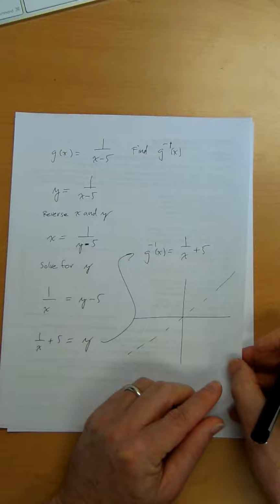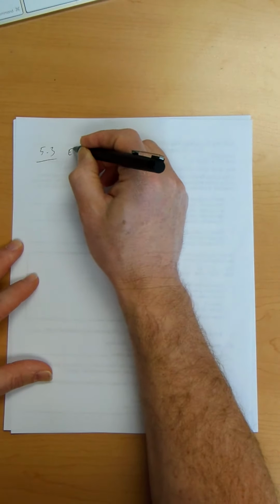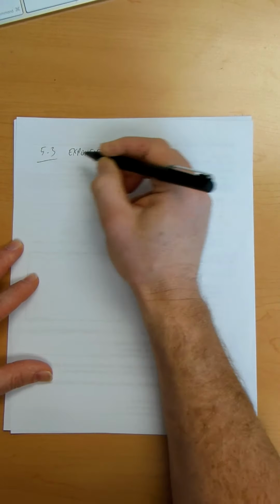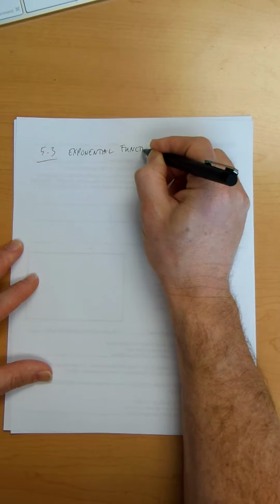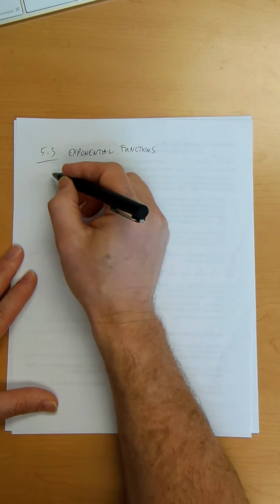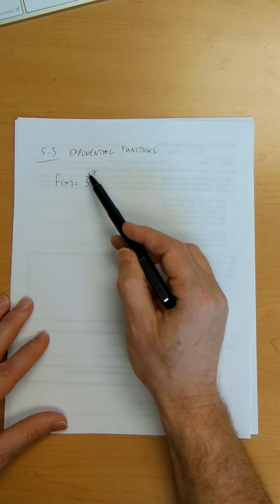Okay, last thing I want to do in this video, if I can squeeze it in, is to just say a little bit about section 5.3 exponential functions, the last new MyMathLab homework, except for the test review. And here I'm just going to give you some examples. We're going to look at functions like f of x equals 3 to the x. This is a new class of functions, and what's new about it is the x is up in the exponent.